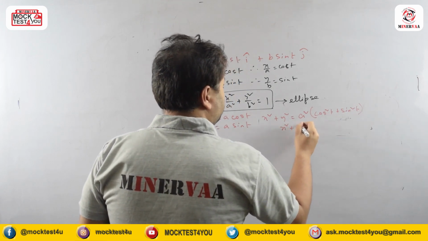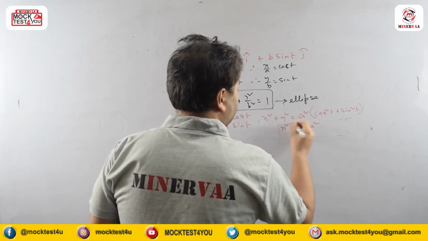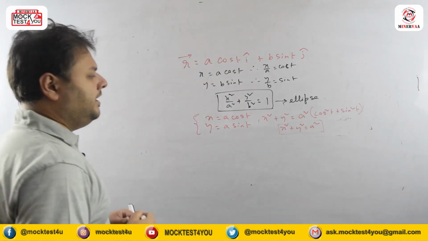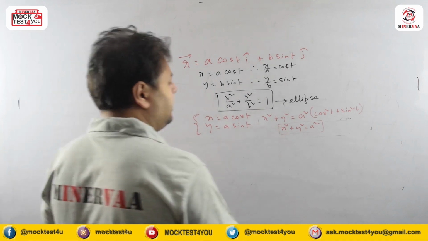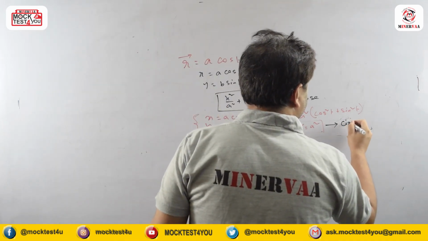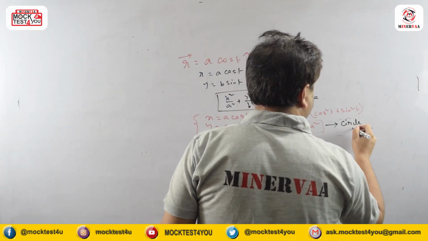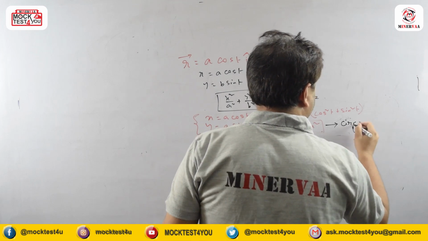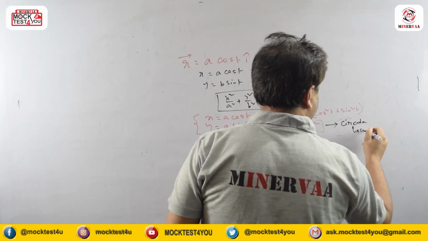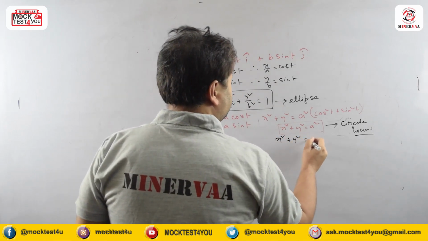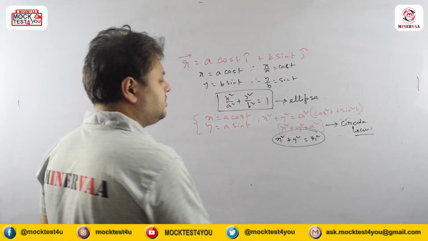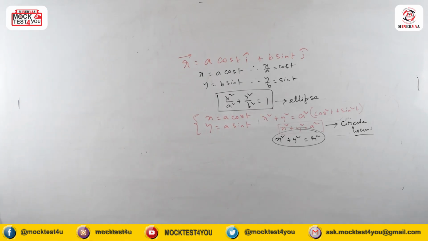So x square plus y square equals a square. So this will be actually the equation of a circle. So this type of motion is giving us a circle locus, or you can say a circular trajectory, which is simply identical with the equation x square plus y square equals r square. So this type of equations can be there.